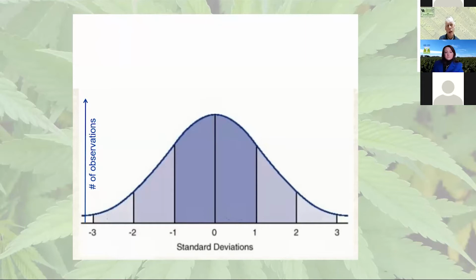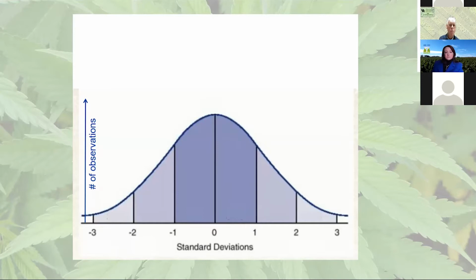We collect data from all the different labs for total THC, and calculate an average and a standard deviation. Going to the right of the highest point on the curve is the number of observations obtained for the average plus incremental standard deviations, and to the left is the average minus incremental standard deviations.